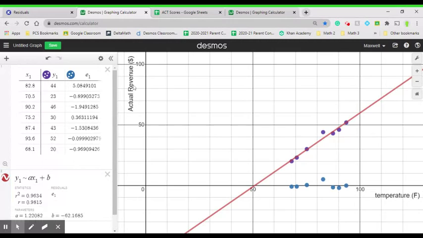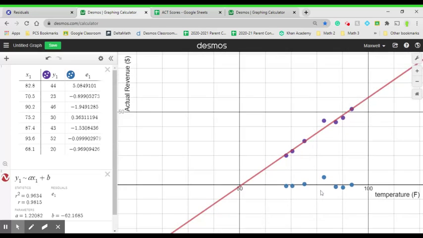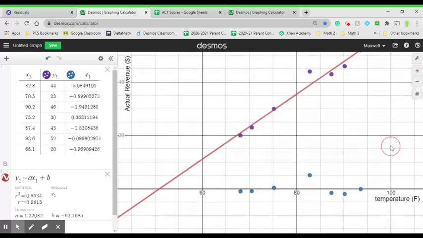Okay, we are back and we are looking at our table up here. We've added in residuals as this E sub 1 column right here, where all those blue points are 82.8, 5.08, and we can zoom in here. So you can see how they're going up and down, no real pattern here. So it seems like we have a pretty good linear model for residuals in this particular example.